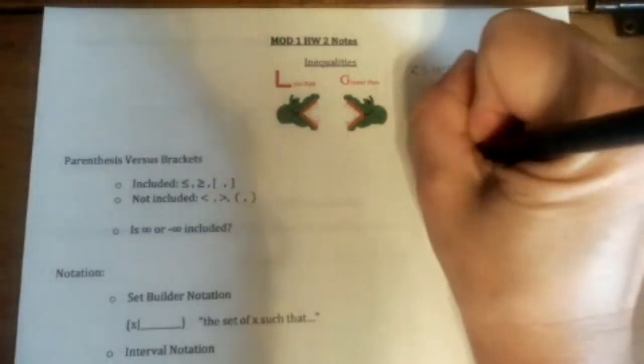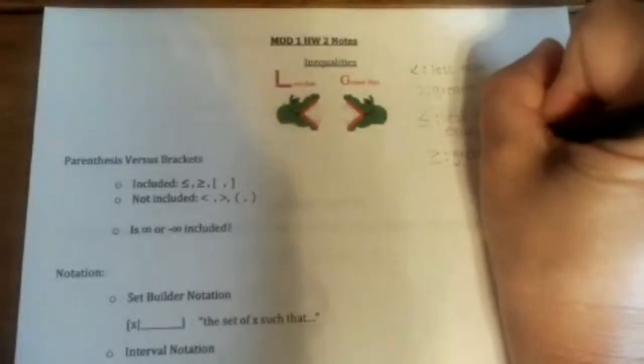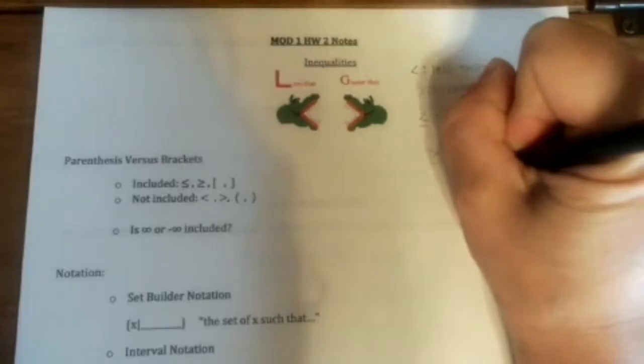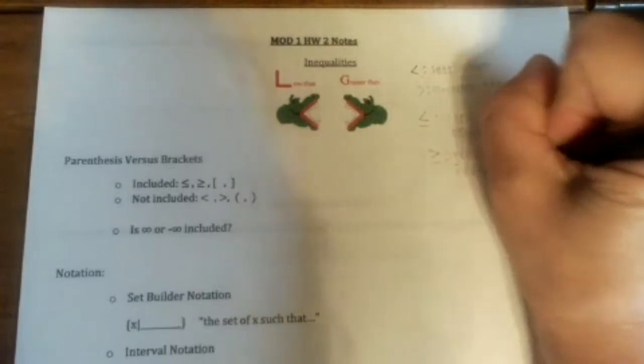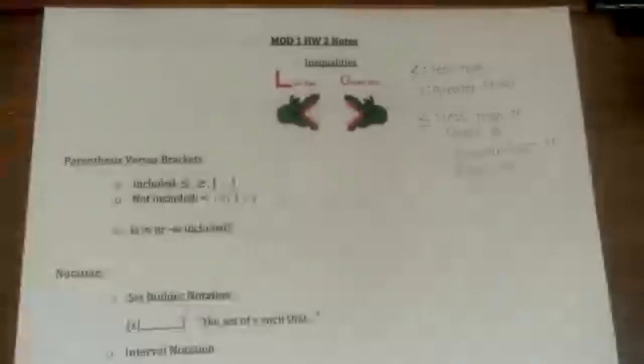Similarly, the greater than with a line underneath it means greater than or equal to. So those are different options for our inequality symbols.